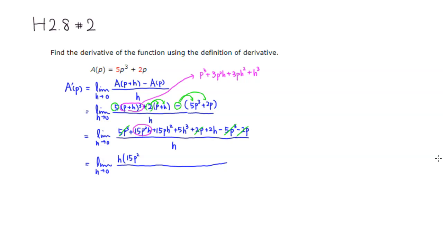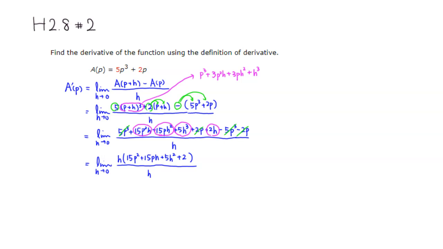From this term, if you pull h out, you're going to have a 15ph. And from this term, if you pull h out, you're going to have a 5h squared. Then there's a 2h there, so if you pull h out, you're just going to get 2. That takes care of everyone, so h on the bottom. Then we don't need this line here.